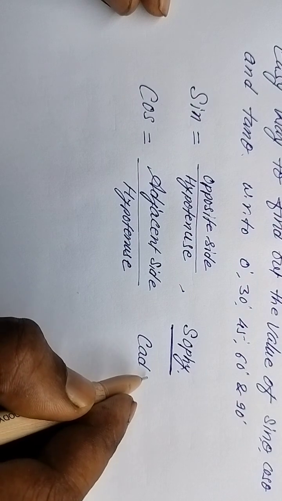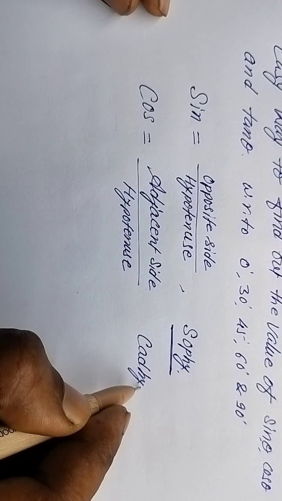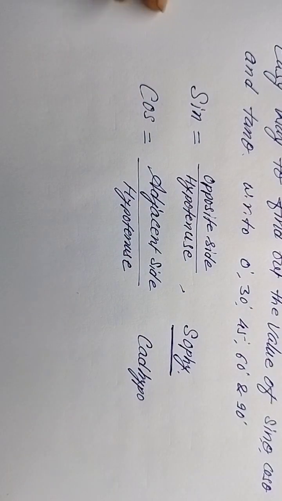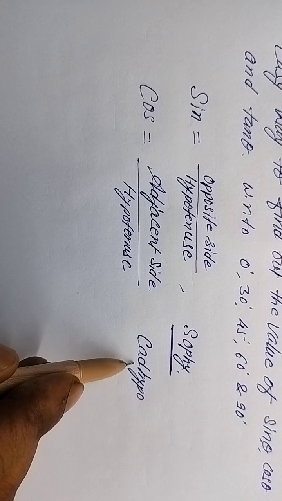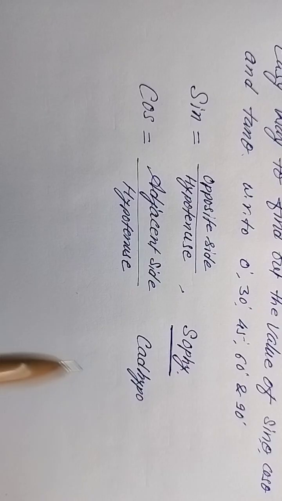CAD hypo. We can remember it easily. CAD hypo denotes that C for cos, adjacent upon hypotenuse.